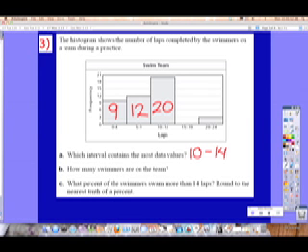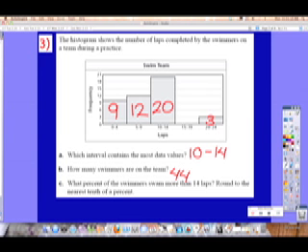Last one then. If we're sticking with our 44, what percent of the swimmers swam more than 14 laps? Would you count this bar? No. This one? No. This one? Yes. It has to be more than 14, right? So it couldn't be this one either. So this is the only one that counts. This is what we showed on the warm-up. So you've got 3 over 44 swimmers.